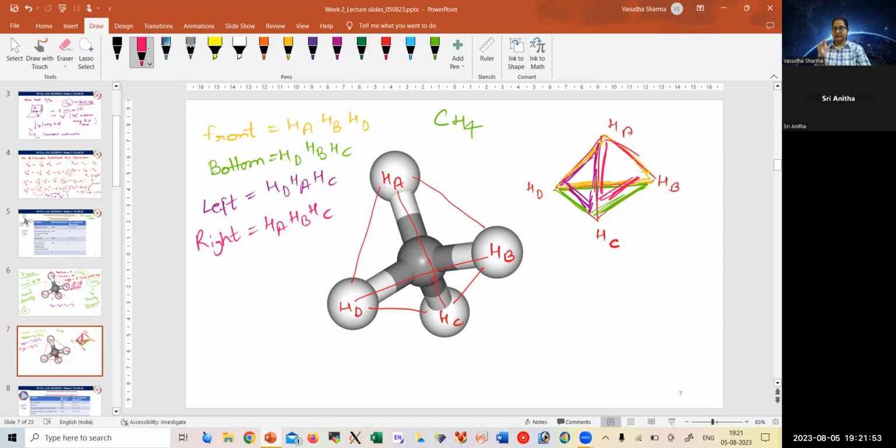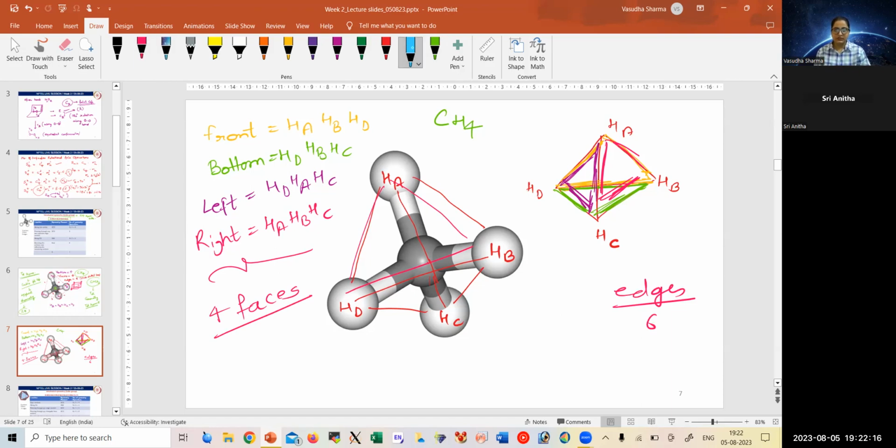It comprises the carbon also, but I'm just telling you about the one triangle it is forming as a face. So these are the 4 faces that we have in tetrahedral symmetry. Now talking about the edges, I've already talked about edges, which are 6 in number, and you can count the total number of bonds over here: Ha to Hd, Ha to Hb.